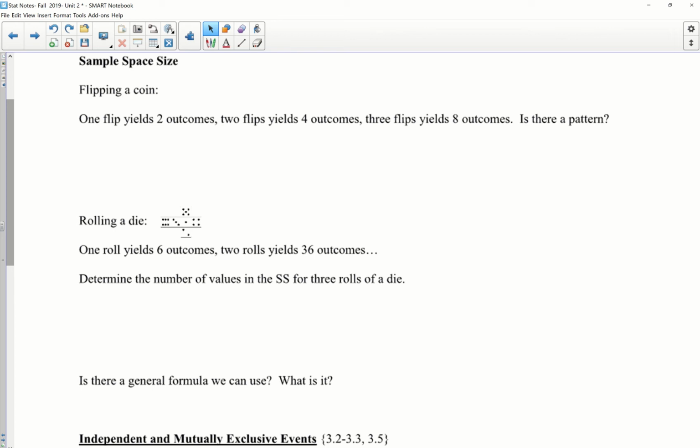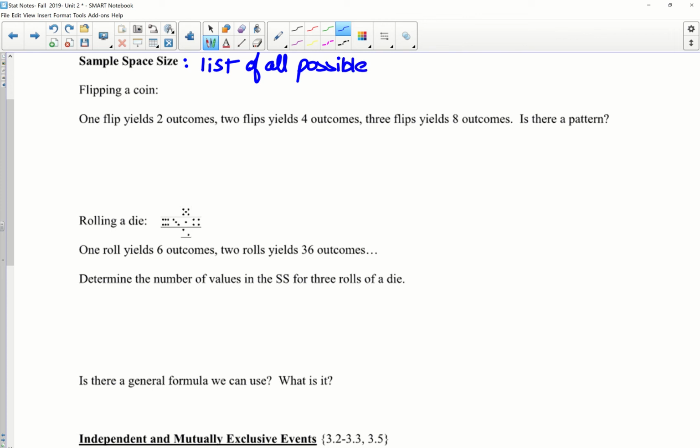And again, a sample space is really a listing, and I wrote this a couple pages ago for you, but it's a term that you need to know. So if you think writing it down a second time would be helpful, then go for it. So sample space is a list of all possible outcomes in an experiment.